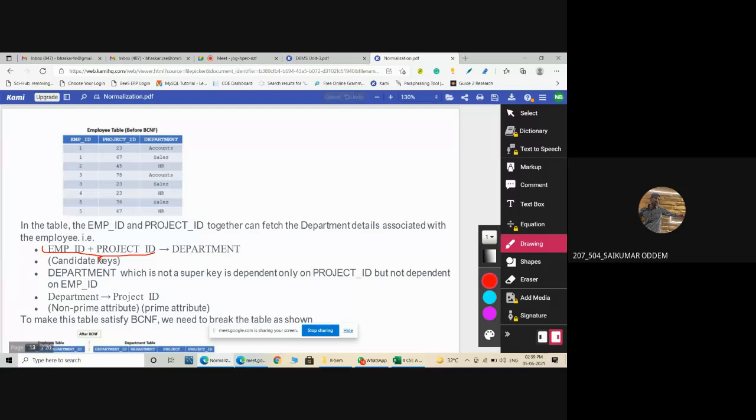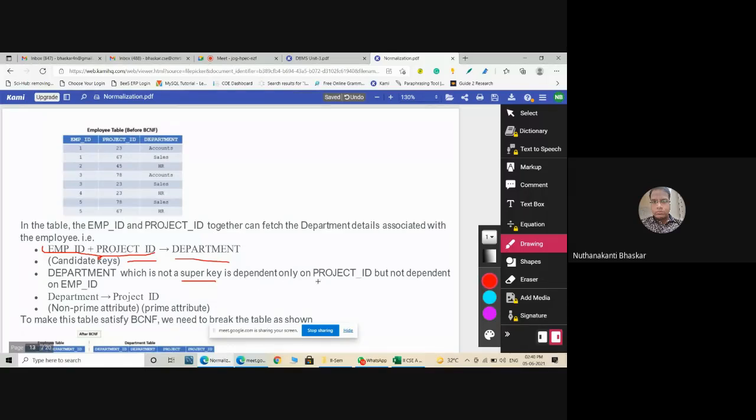Yes, sir. Now it is two attributes, means it is a subset of super key. That is the candidate key: employee ID plus project ID is the candidate key. So only then we can solve this functional dependency. Now department is not a super key, because it is depending on candidate key attributes.